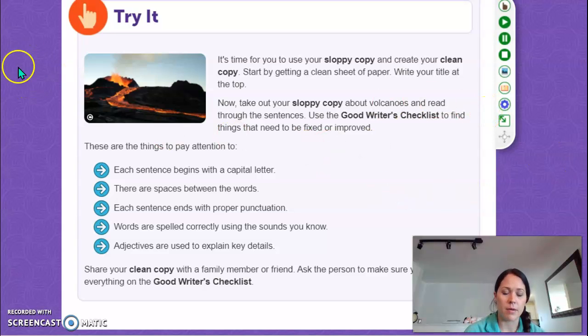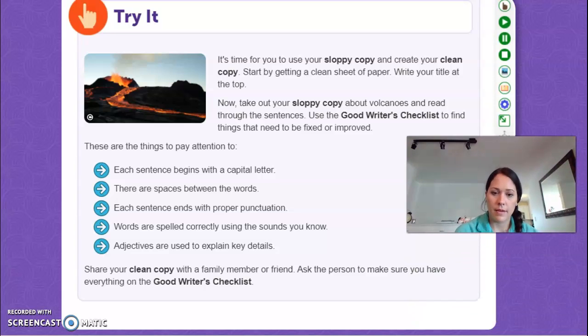That is part of the writing process, and it's so important for us to learn how to do that. So make sure you're following the steps that we talked about. Capital letters, spaces between words, each sentence ends with punctuation, words are spelled using the sounds you know, and adjectives are used to make your writing more interesting.